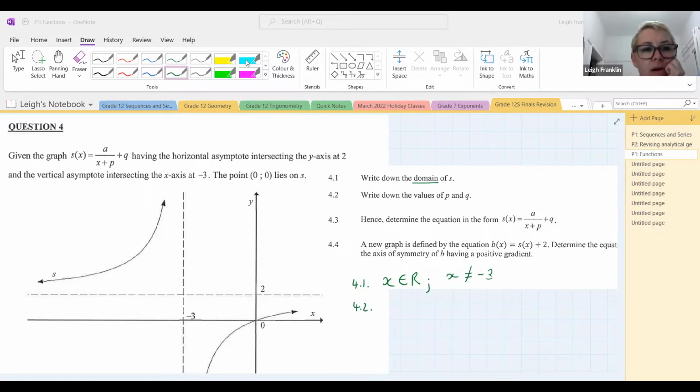Okay, remember up here, they've got x plus p. So what would p be equal to?